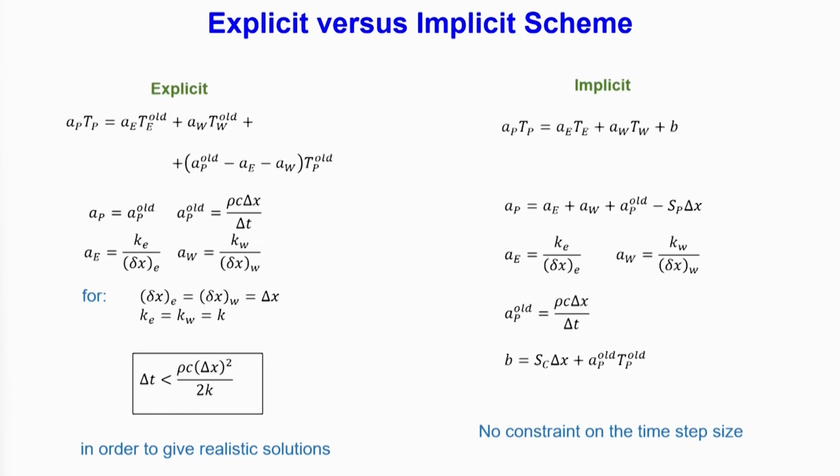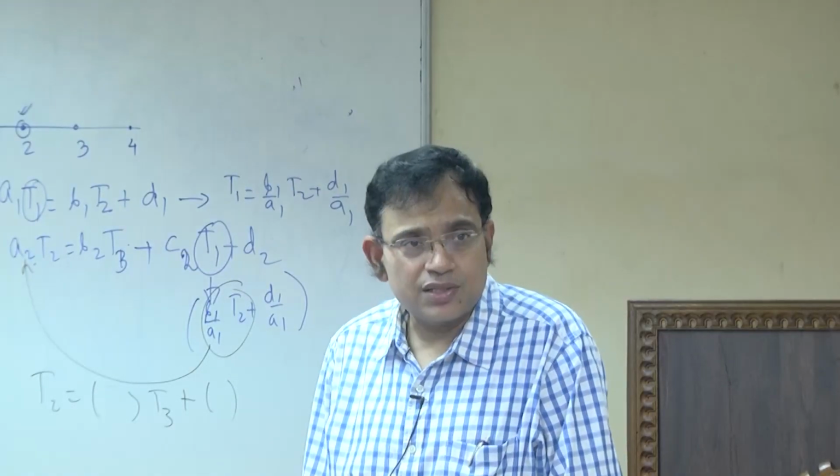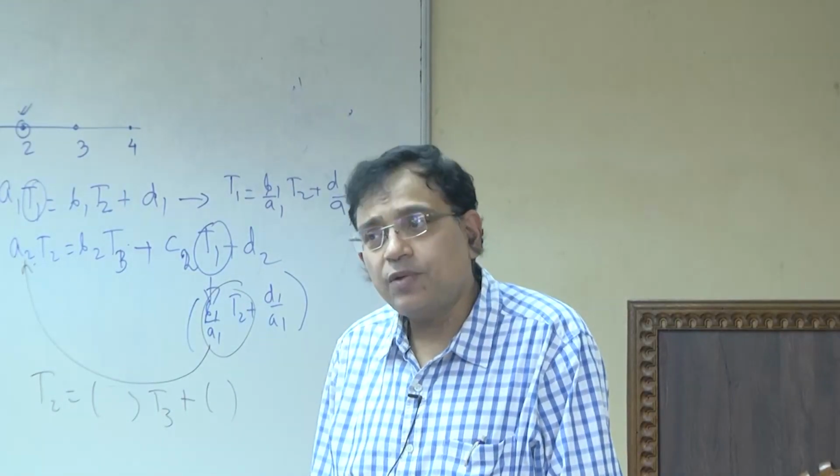If you take all the grid lengths the same, just for simple algebraic calculation, your delta T becomes less than this one. So, what will happen if a coefficient is negative? What you expect is that if you increase the boundary temperatures, the temperature at that point will also increase.